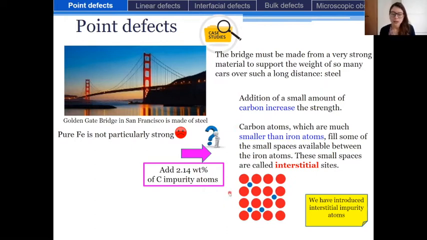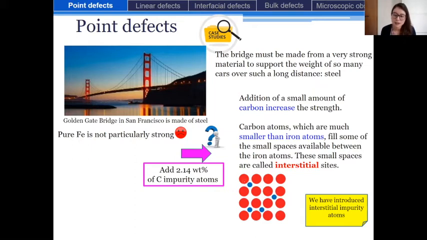And so if we have a look at the diameter of iron and of carbon, we will see that the radius of carbon is much smaller than the one of iron. And so carbon atoms will be able to fill the interstitial sites in the iron lattice.